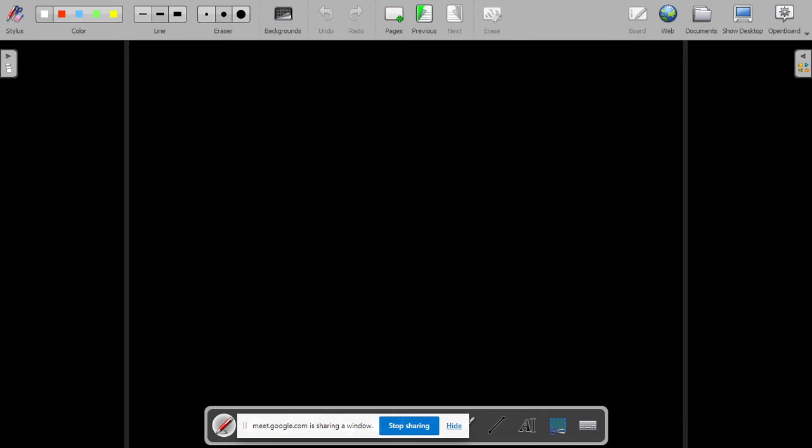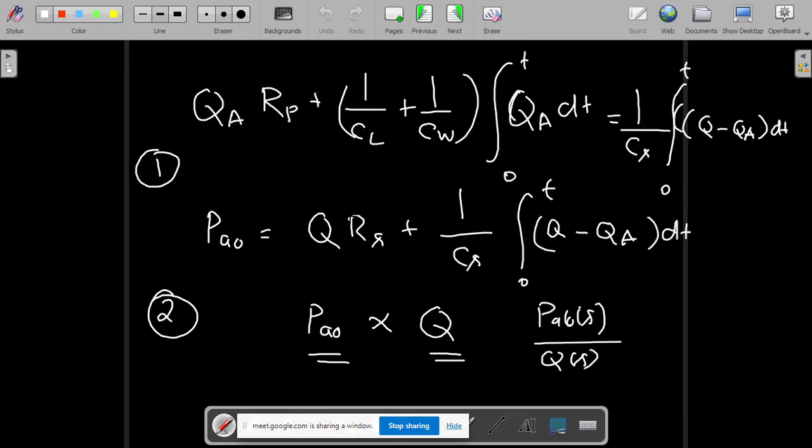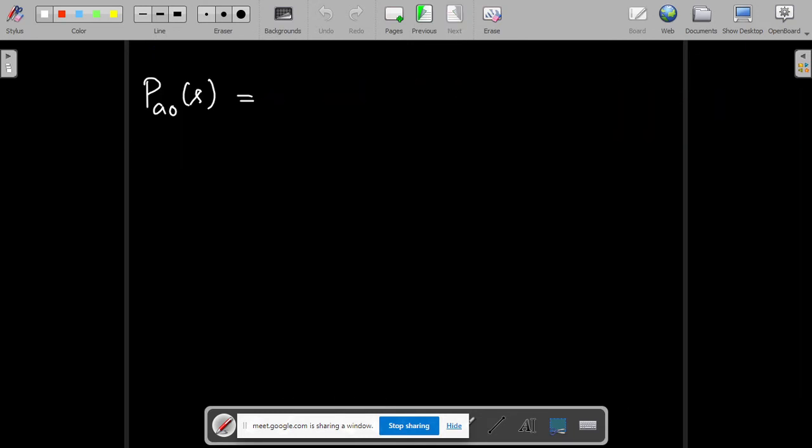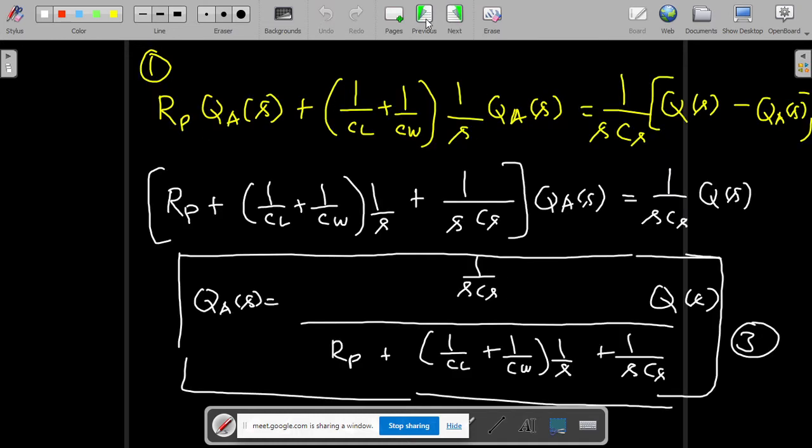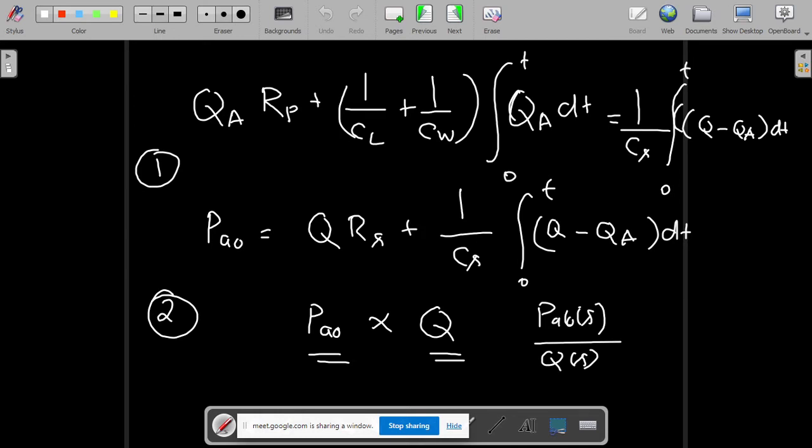So for the second equation, what you're going to do is PAO of S is equivalent to, okay, so it is Q of S into RS plus 1 by S into CS into Q of S minus QA of S. Okay, this is the Laplace transformation of this equation for PAO.